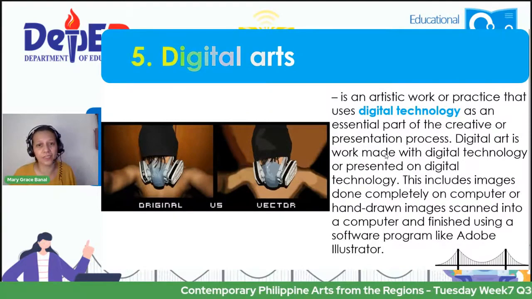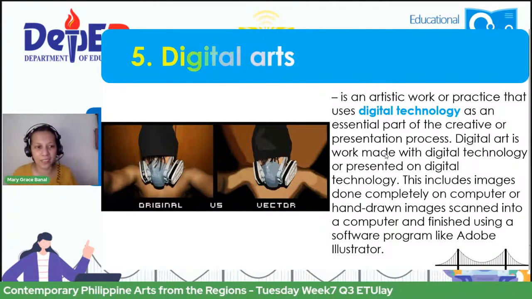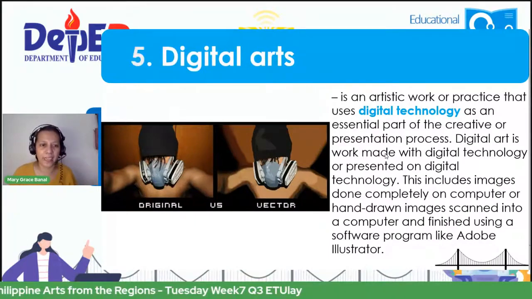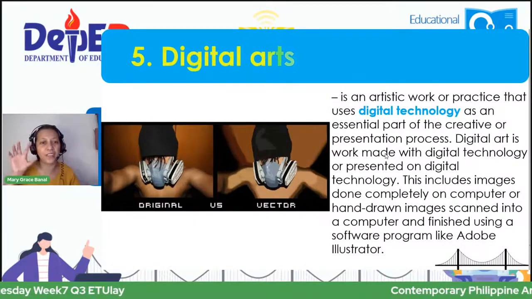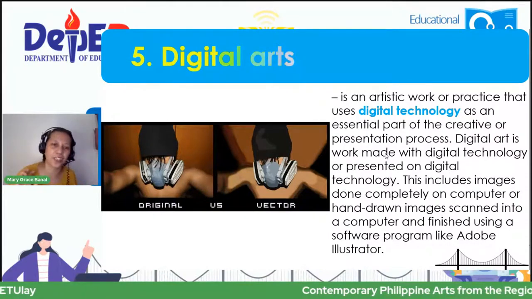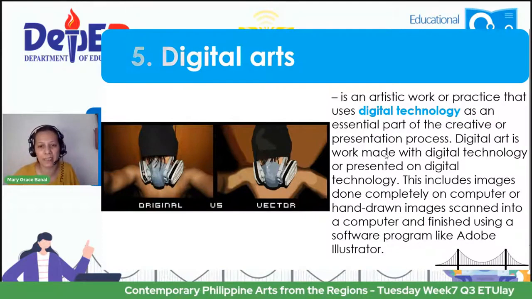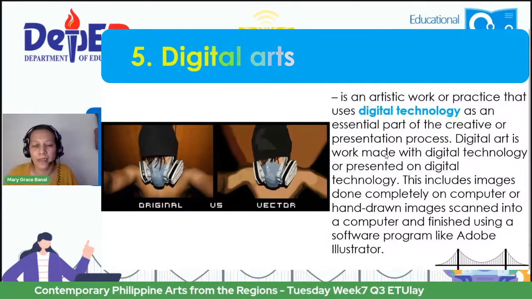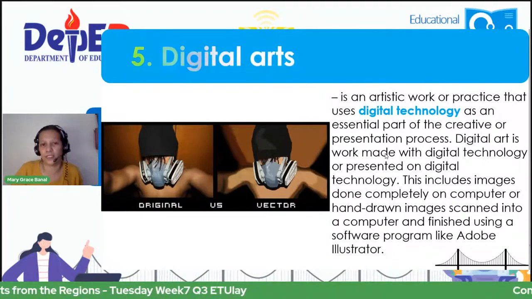Okay? Next, our fifth technique is the digital art. So in here, you use digital technology. Like in the picture, doon sa left side, nandun yung original picture. And on the right side, vectorized na siya. Meron ng photo manipulation na ginamit. Usually, ang ginagamit is Adobe Illustrator, Adobe Photoshop, ayan. So this is an example of digital technology.